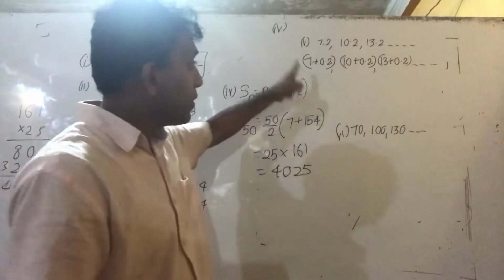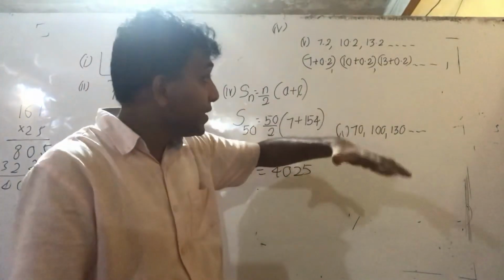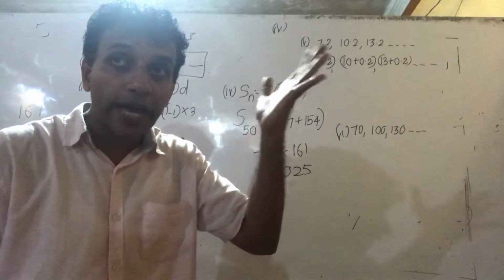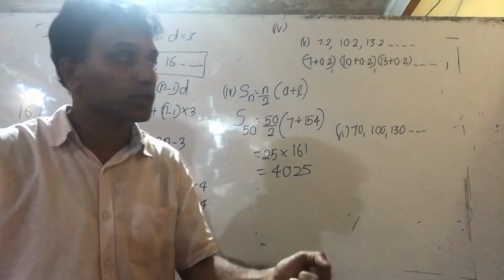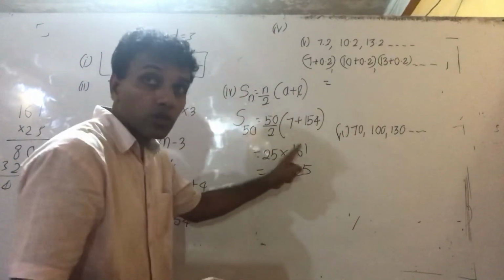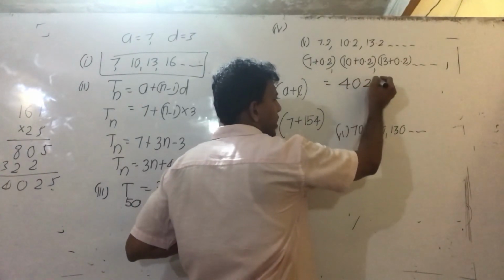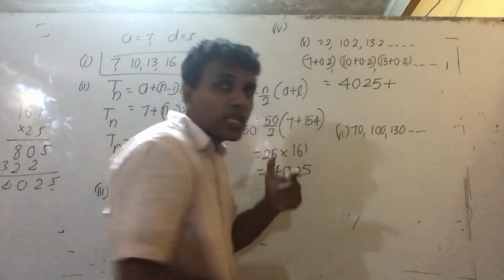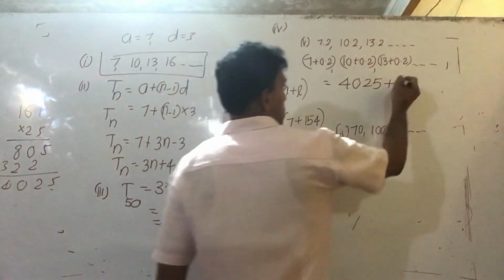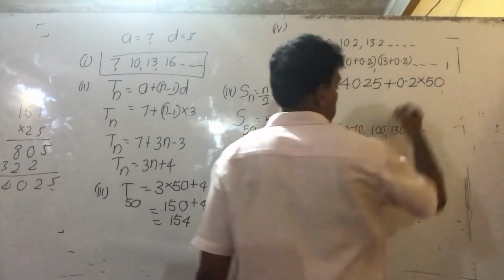Again you have 7 plus 10 plus 13 plus, like all this series you have there. And additionally what extra part? 0.2, 0.2, 0.2, how many times? 50 times. So what is the easy method? All addition, what is the answer? 4025 is available. Plus additionally 0.2, 50 times, right? That is the method.